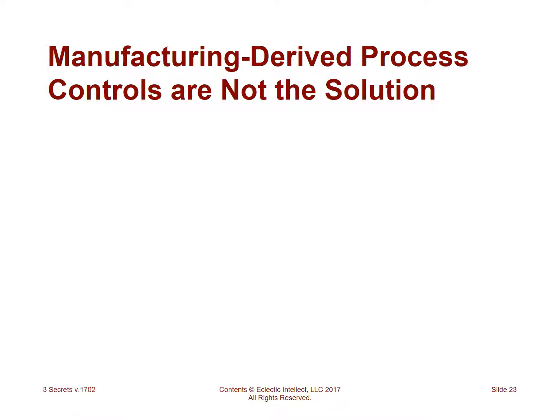So manufacturing-derived process controls aren't the solution. There's nothing wrong with the wonderful world of lean and production technology in production. But when you have variables that are coming in constantly and uncertainties, a lot of the methods that are based on a reference against a past standard become as useless to you as a divide by zero equation would be in Excel, simply because they're invalid.